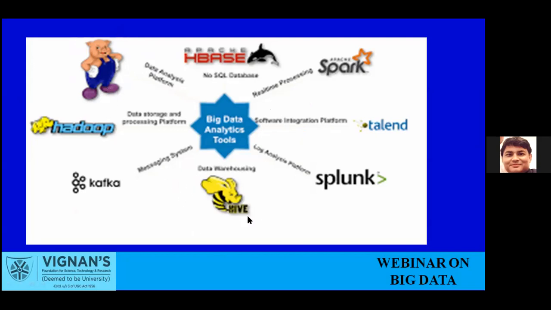Hive was given by Facebook, whereas Pig was designed by Yahoo, and both interact with Hadoop. Pig interacts with Hadoop through Pig Latin scripts, and Hive through Hive SQL, or HQL, the Hive query language.